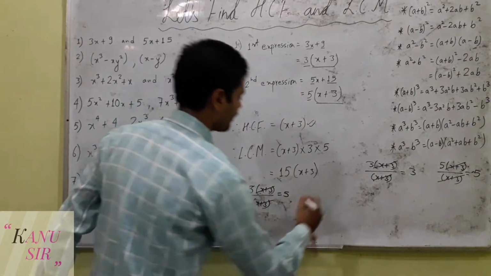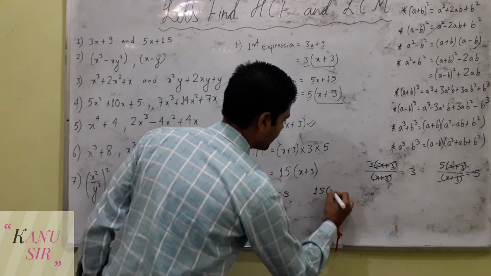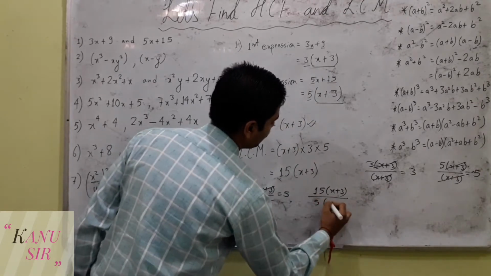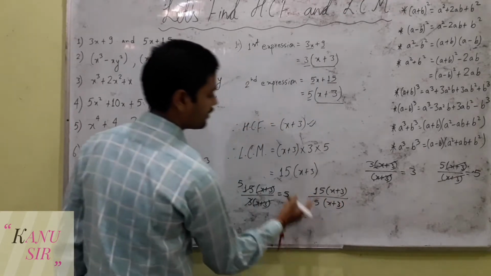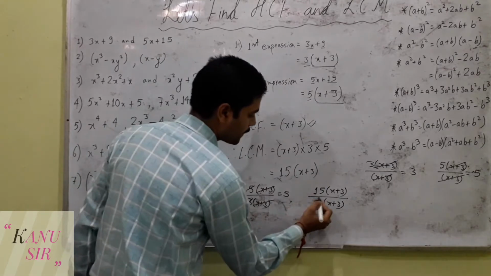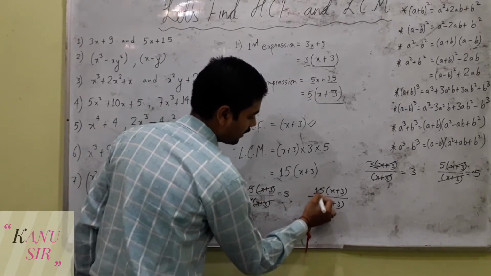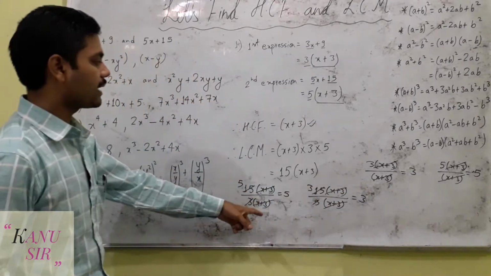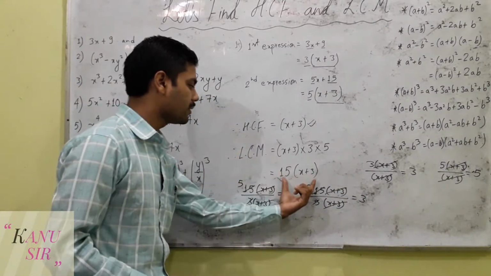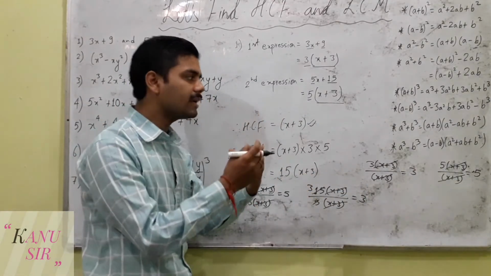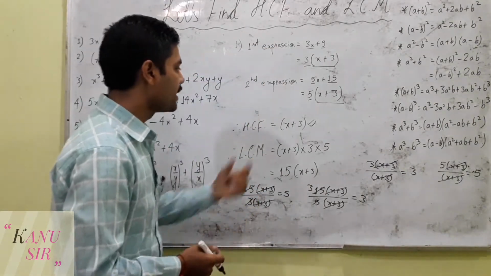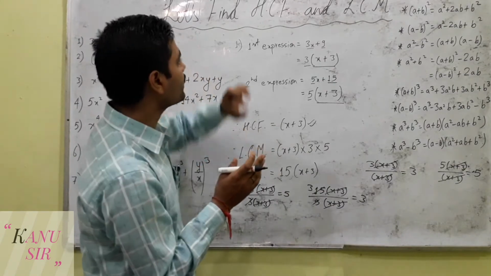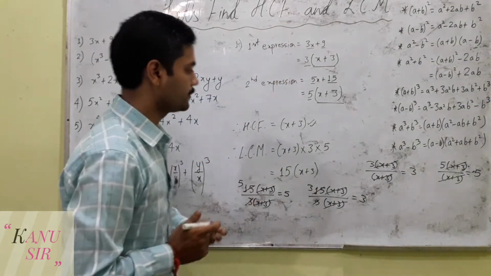And we take the second expression, 15 times x plus 3, divided by the second expression, so the LCM can be divided by the second expression also, that is 5 times x plus 3, and the answer is 3. This proves that the LCM is a factor which can be divided by the given expressions, and the HCF is a factor which is able to divide both given expressions.